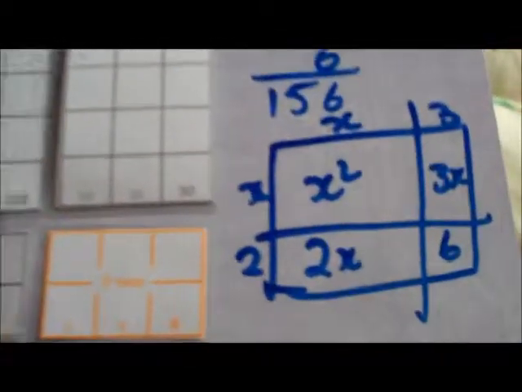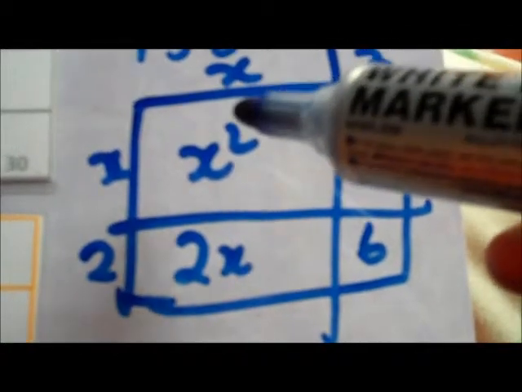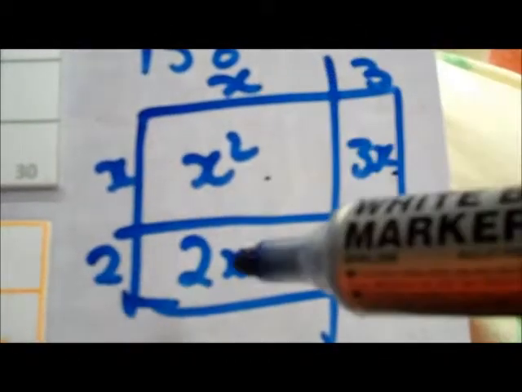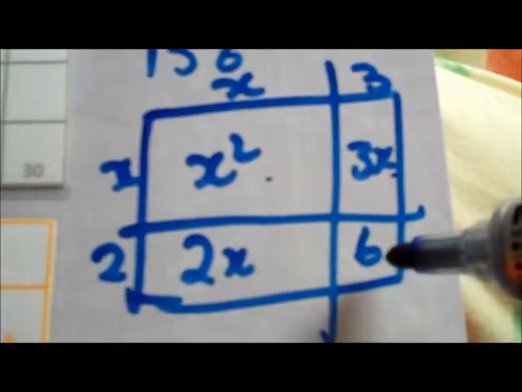And here I've got 2x. And I can't do anything with the 6. So what I've actually got is this picture here. So x times x is x squared. 3 times x is 3x. 2 times x is 2x. And 2 times 3 is 6.